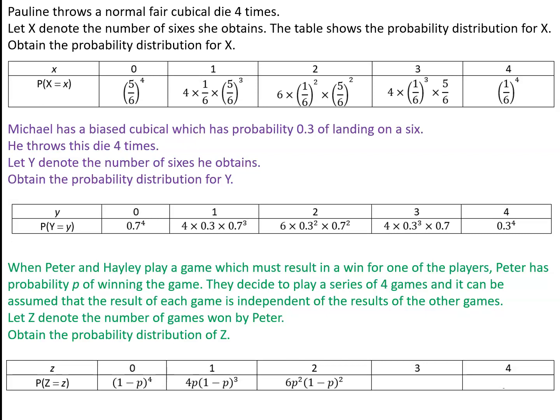Probability Peter wins 3 games is going to be 4 times the probability of a success cubed times by the probability of a failure. So that's going to be 4 times by p cubed times by 1 minus p. And finally, the probability that Peter wins all 4 games is just going to be the probability of a success raised to the power 4. So that's going to be p to the power 4.